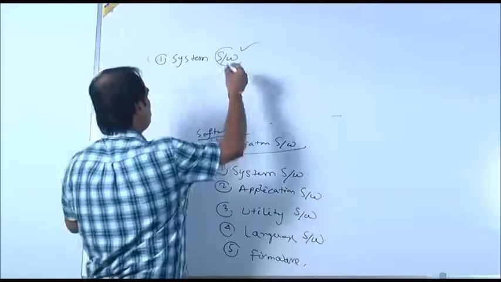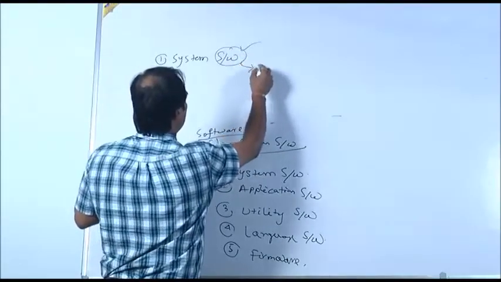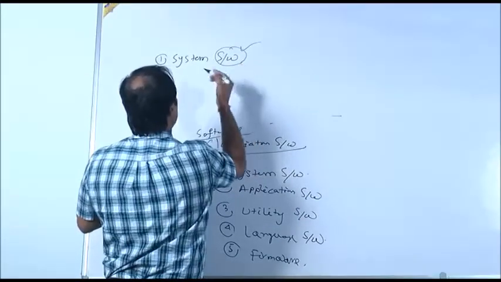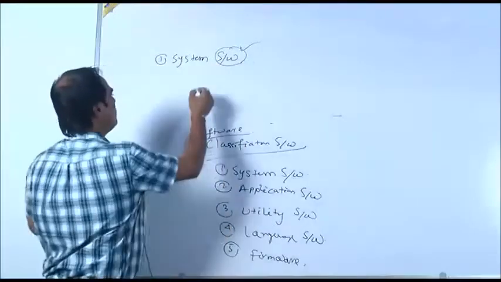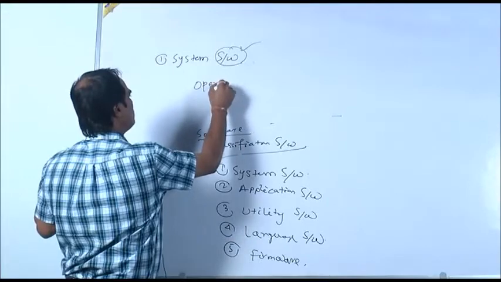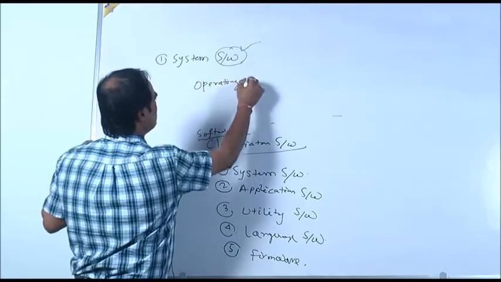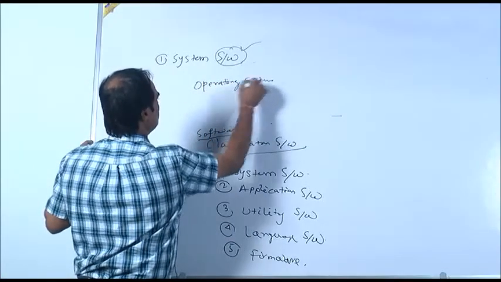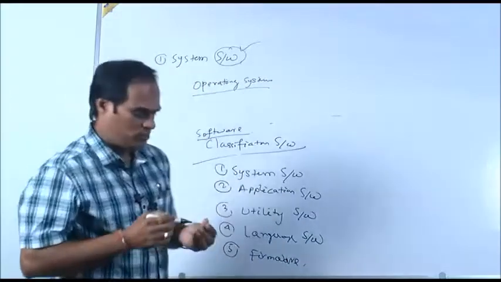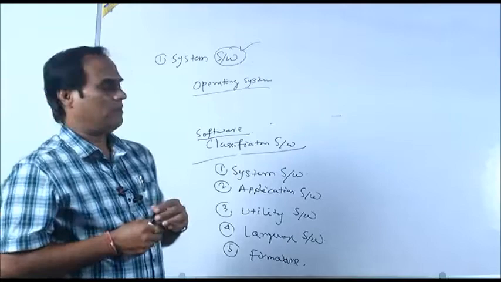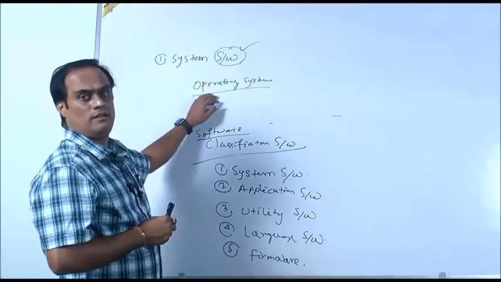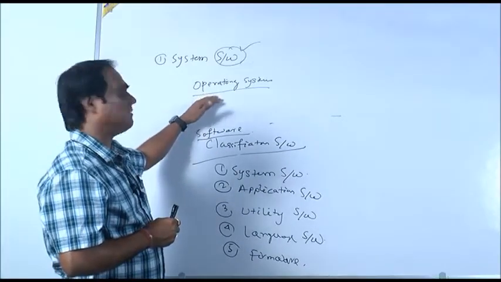An example of system software is basically your operating system. Operating system is the terminology we use in computer science, which is very essential to the computer architecture or computing system.